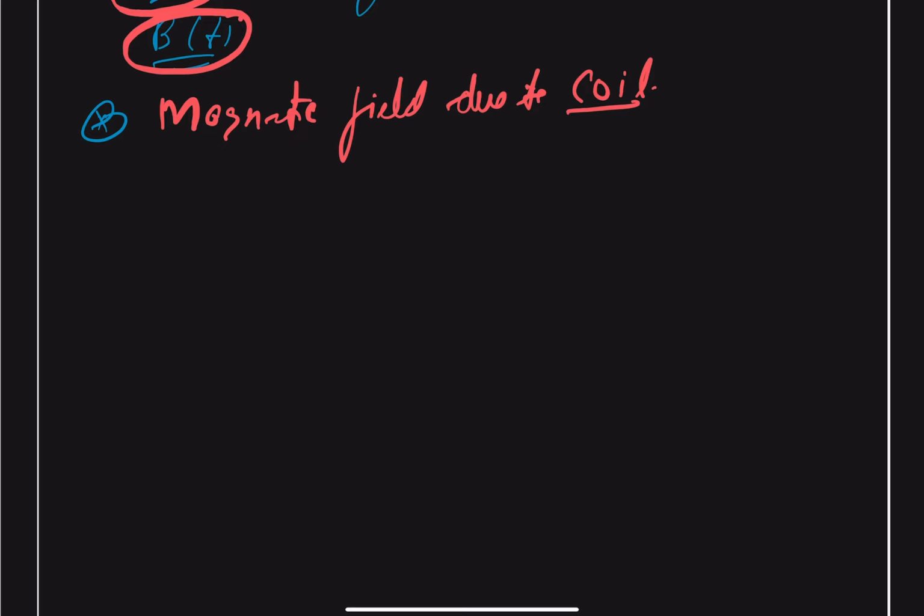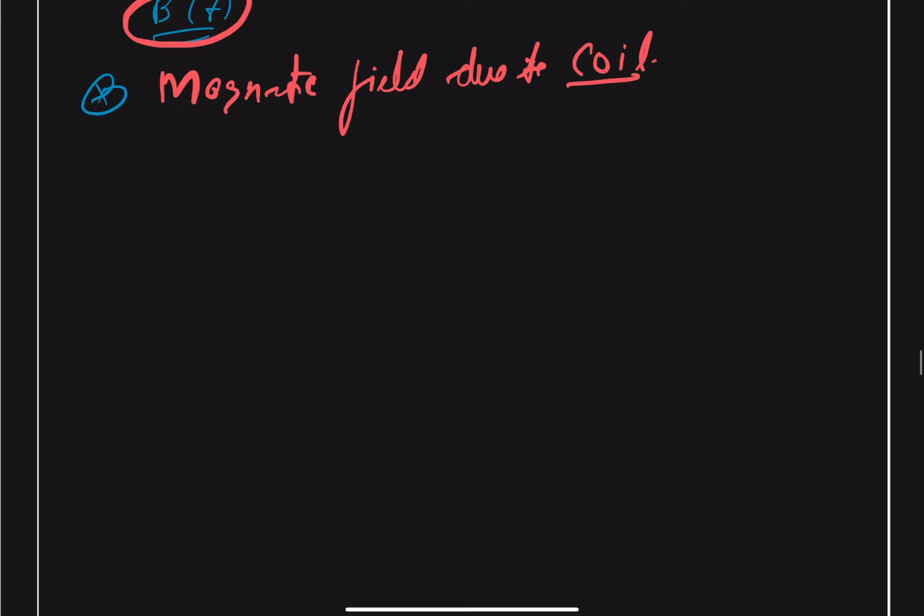And along the axis, we know that the magnetic field is proportional to the current. So the magnetic field due to the coil at the axis is proportional to current.